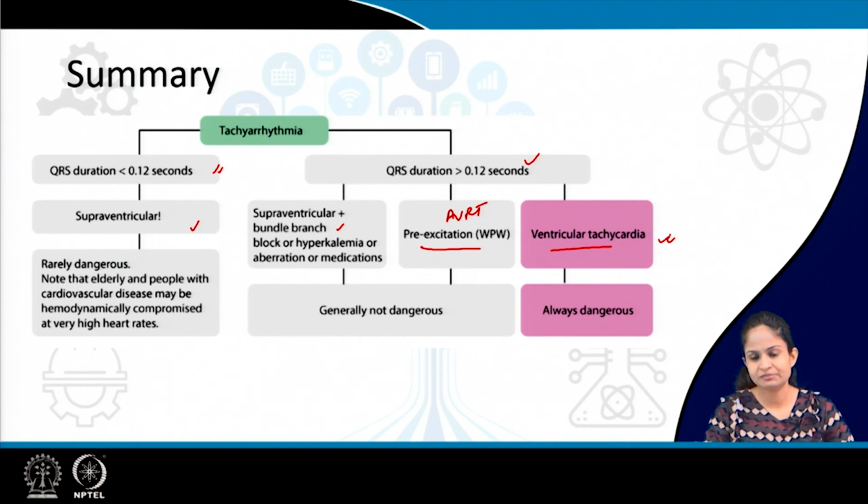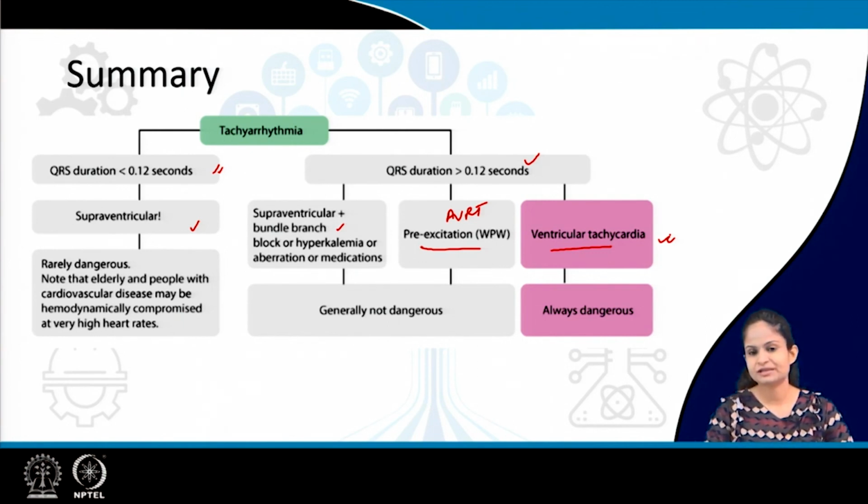For example, if a person comes to you with arrhythmic symptoms, but the person is hemodynamically stable, the blood pressure is all right, the person is not getting hypotension, you will take the ECG recording and find the diagnosis based on the ECG findings and treat accordingly.